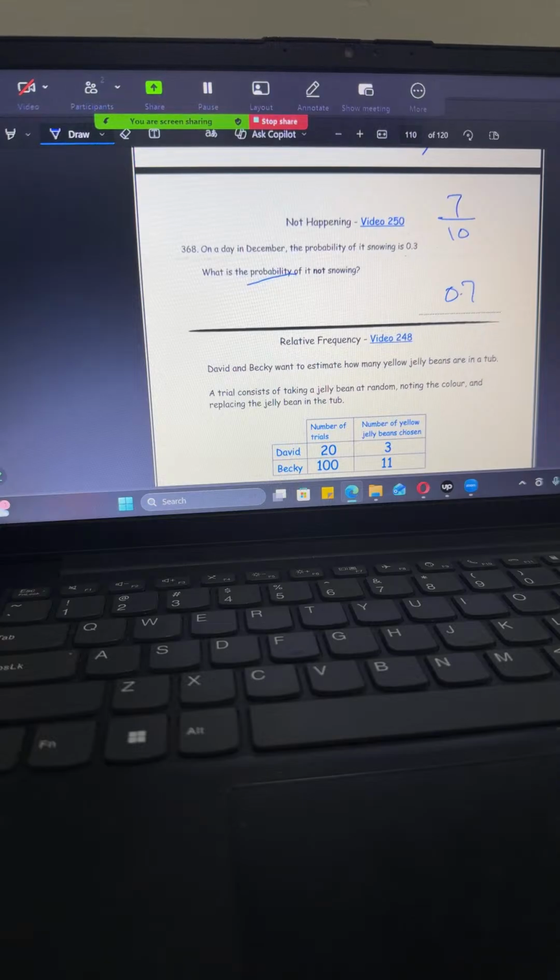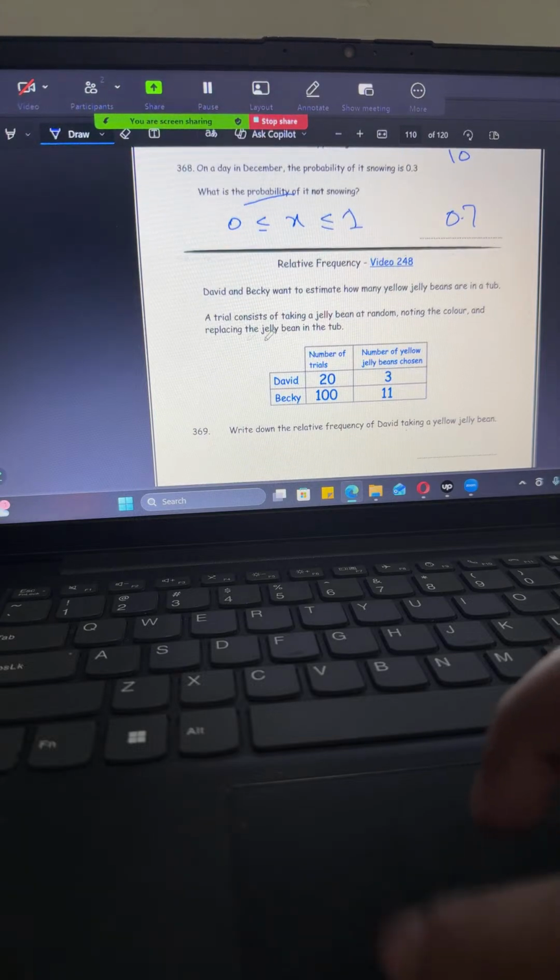But when they add the word percentage, then you write 70%. So probability is always between 0 and 1. It can never be greater than 1. Yeah, that makes sense.